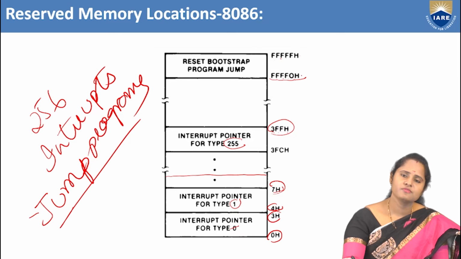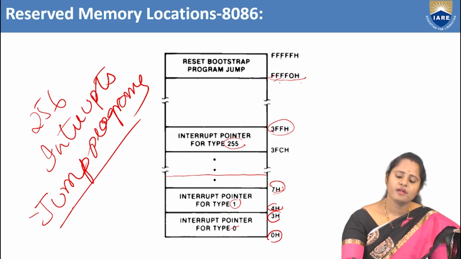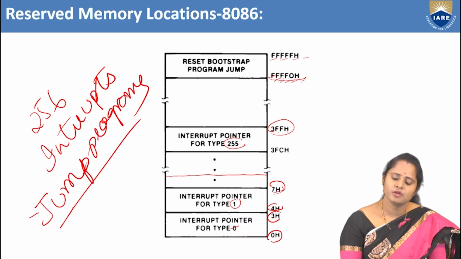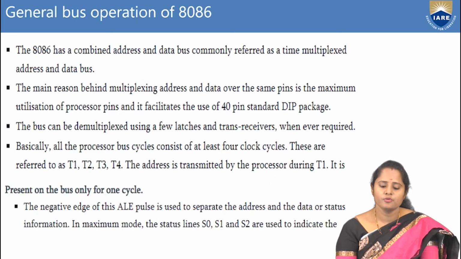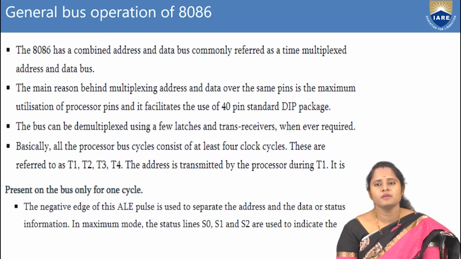Jump program instructions start from FFFF0H to FFFFFH, and the 256 interrupts are reserved in the memory location from 00000H to 003FFH. So this is the reserved memory location which is assigned. This is how the memory is organized.